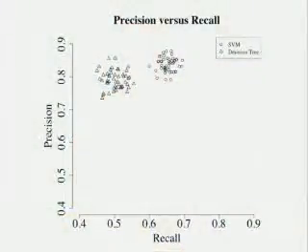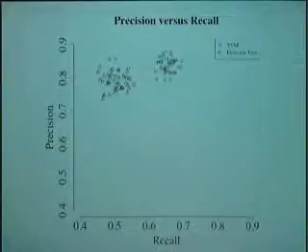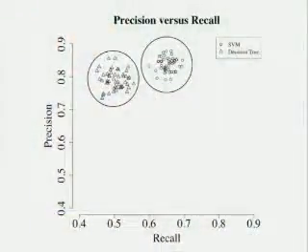This is the diagram that we have. The triangles are for the decision tree and the circles are for the support vector machine. They both have quite high precision, but the recall for the decision tree is much lower than the recall for the support vector machines. And in fact, if you make circles around these, they don't touch.